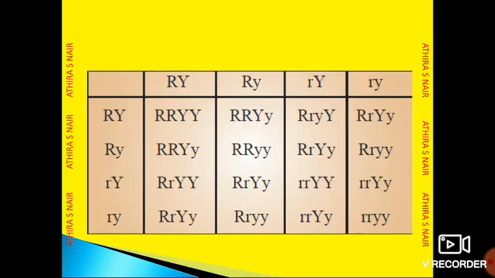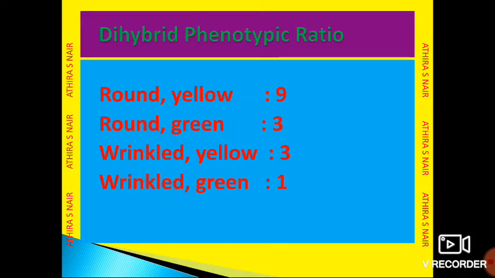In the second generation, we got 9 round yellow plants, 3 round green plants, 3 wrinkled yellow plants, and only 1 wrinkled green plant. Then we can say that the dihybrid F2 phenotypic ratio is 9:3:3:1.